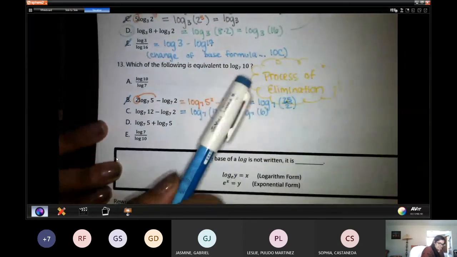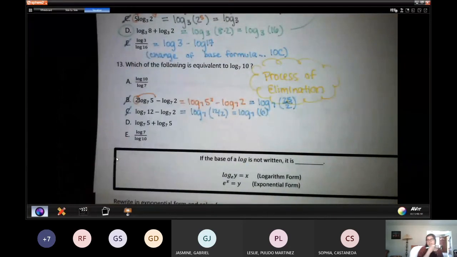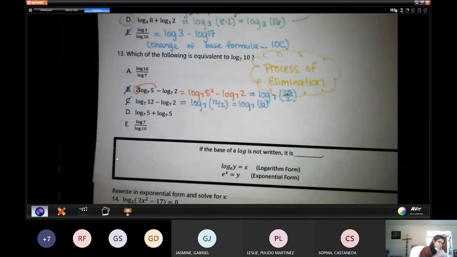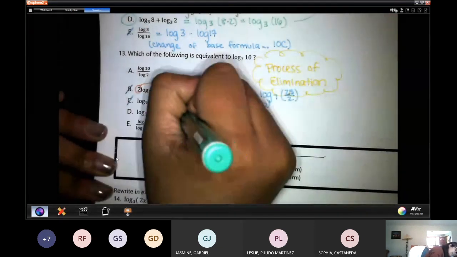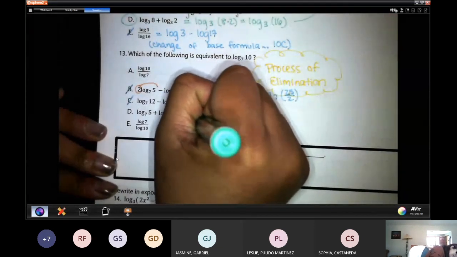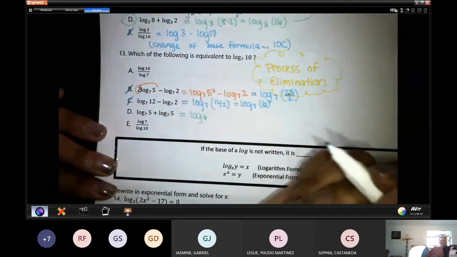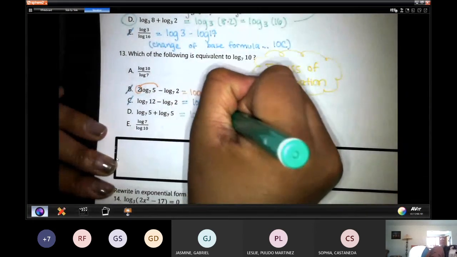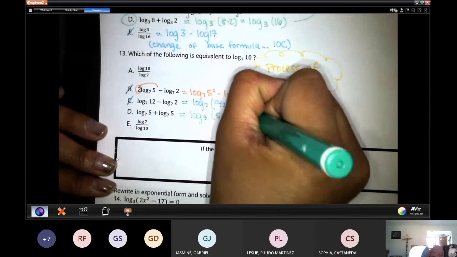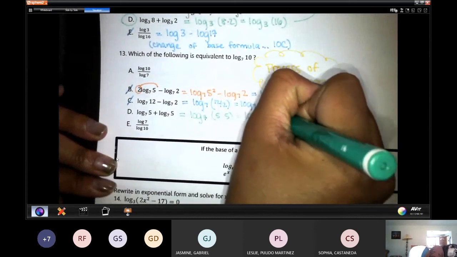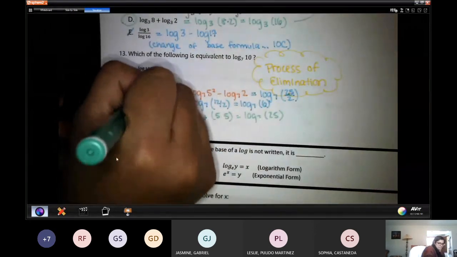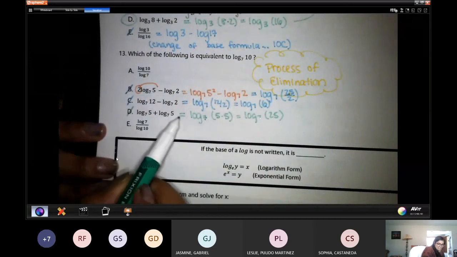That's also not equal to this, so it wouldn't be C. And then if we went to D, here we're going to do the product rule because we're adding. So it'd be log base 7 of 5 times 5, which is log base 7 of 25. Also not helpful. You can see how they tried to trick you with 5 plus 5 instead of 5 times 5.